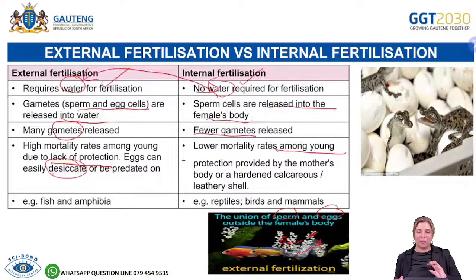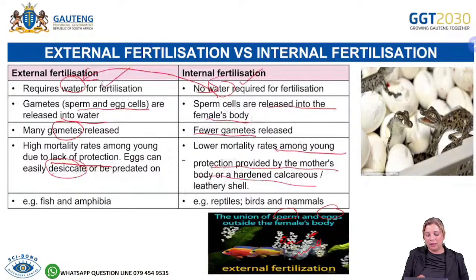Maybe not in such a nice way, but she would have told you something like that. So you had your parents' protection. Protection is provided by the mother's body or a hardened calcareous leathery shell. Calcareous is basically a shell that is made up of calcium. Calcium gives it strength.